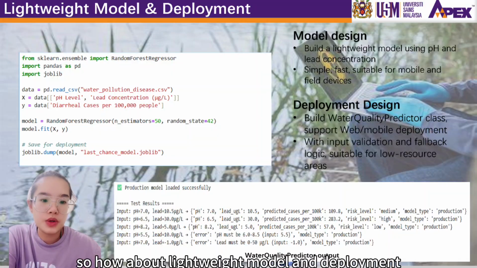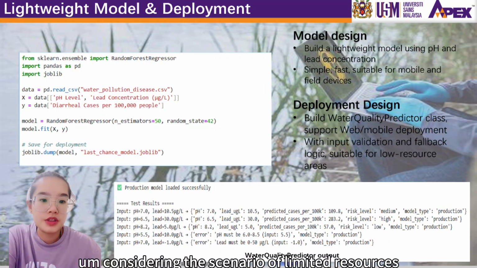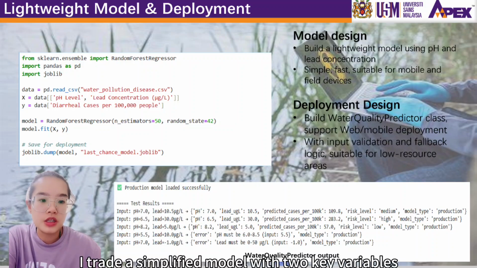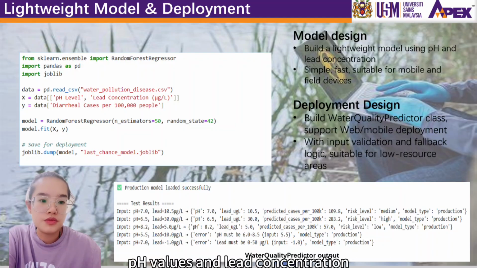So how about lightweight model and deployment? Considering the scenario of limited resources in actual applications, I chose a simplified model with two key variables, pH values and lead concentration.